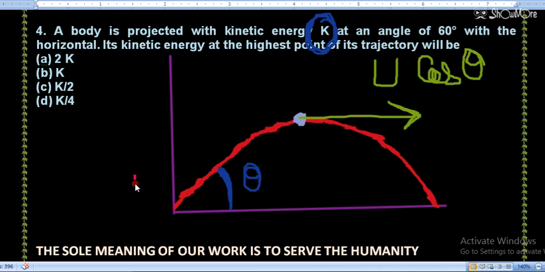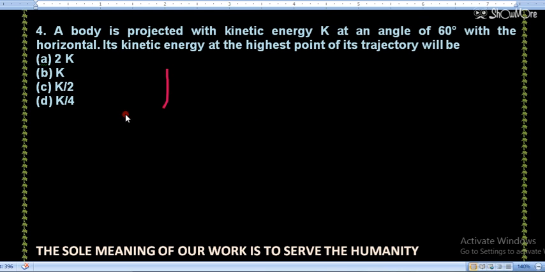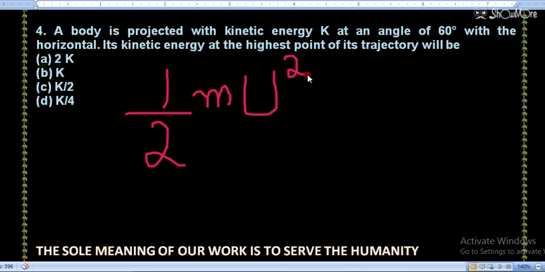Initially the body was fired with velocity u, so the initial kinetic energy will be half m u square, and this value is equal to k, because the body is projected with initial kinetic energy k.